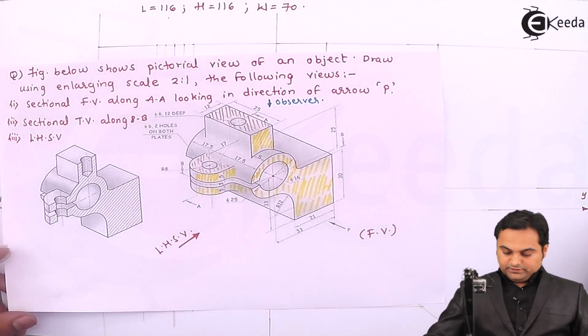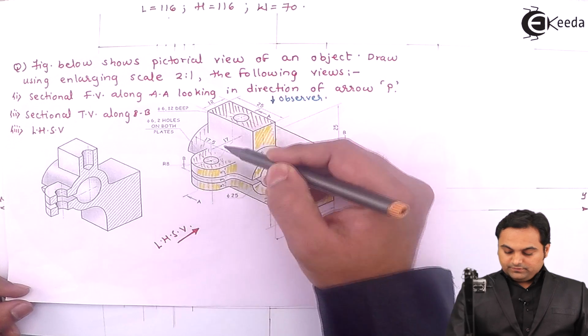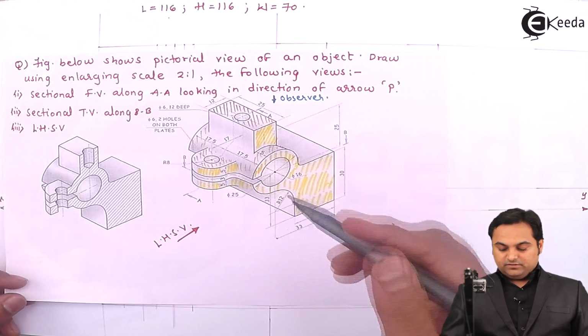Then looking from top, in that case, this cylindrical surface is also seen. It will be seen as a rectangle, so projecting it.